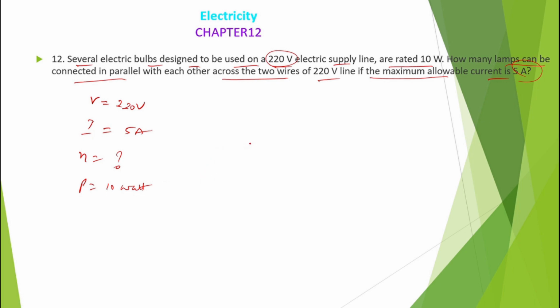Okay. Now N number of bulbs, N bulbs of power P each connected in parallel.